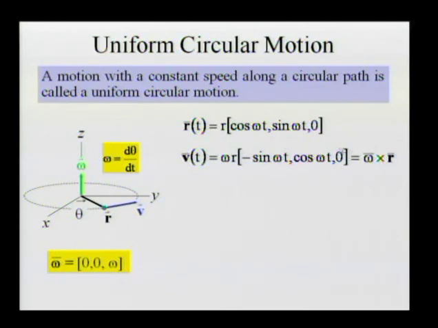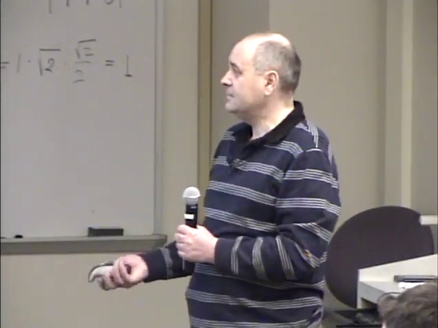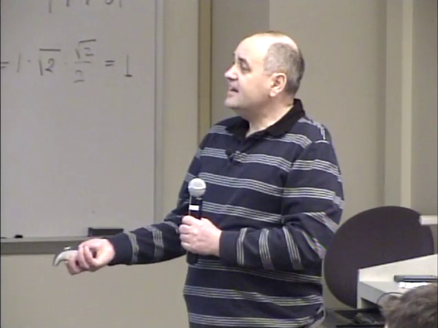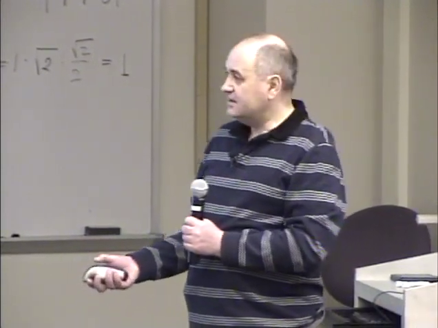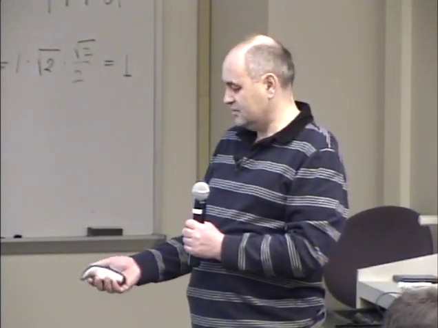Do it at home. See what will happen if you multiply a vector with these scalar components by a vector with these scalar components. This way we practically avoid differentiation. We don't have to differentiate. This vector over here is referred to as the angular velocity of that particle moving in circular motion.